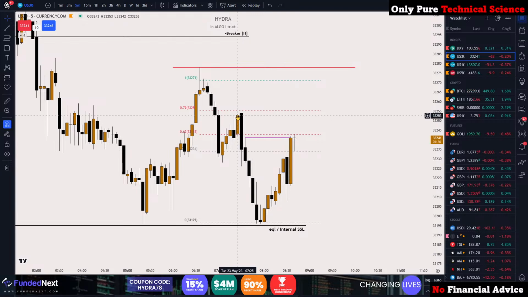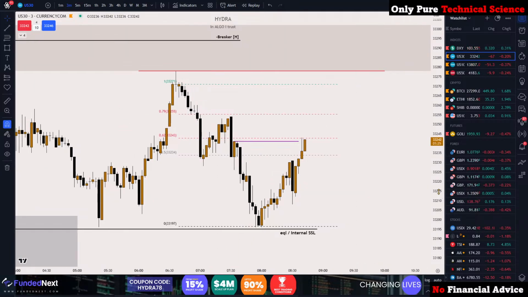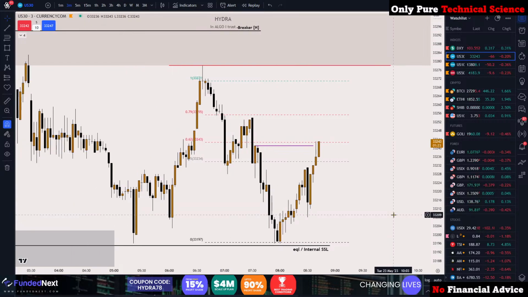On 5-minute chart, that's an order block. That's a bearish order block. So let's see what price does. As the dollar is moving towards the sell side, we can expect to see a certain level of buy side liquidity being delivered on indices.